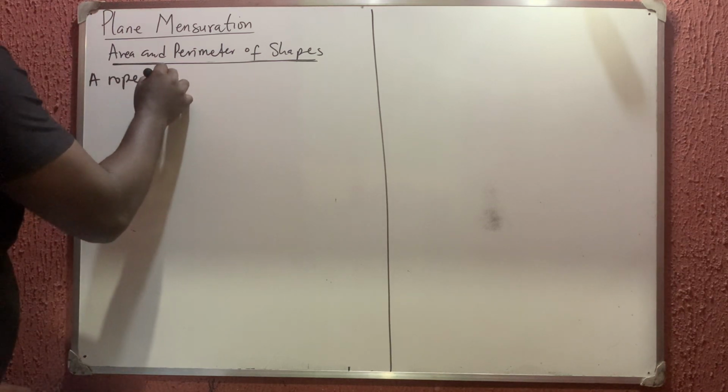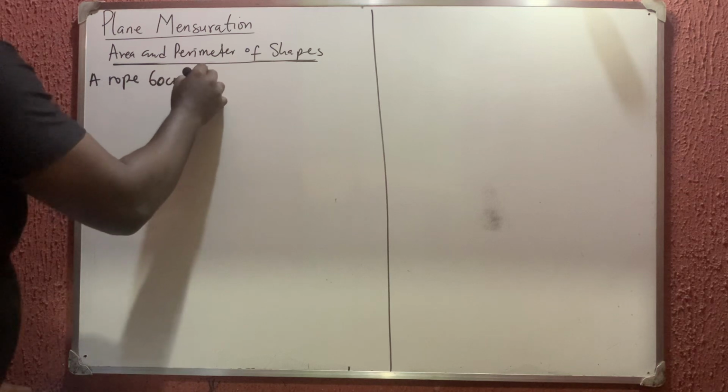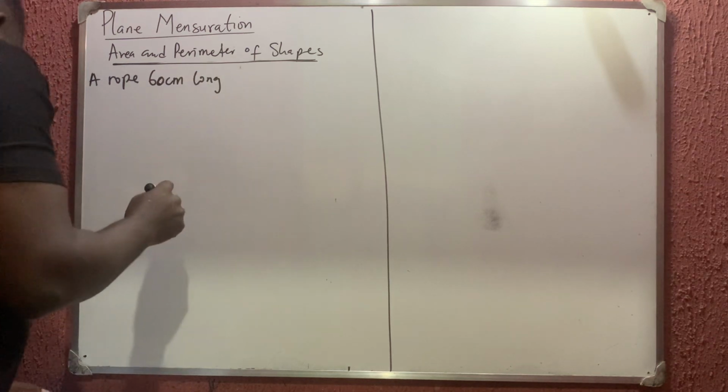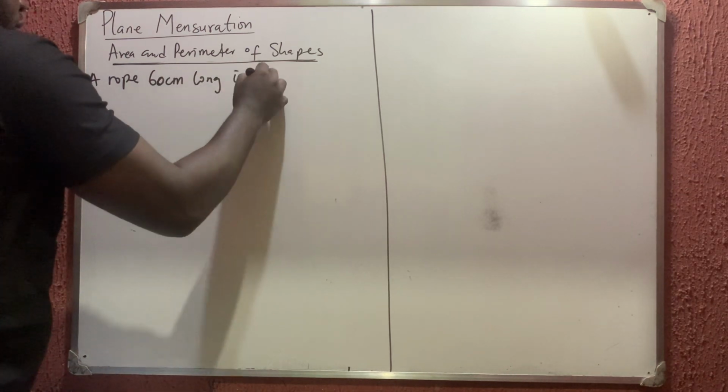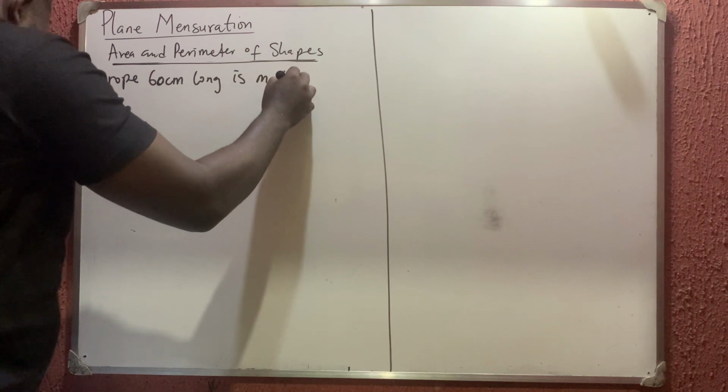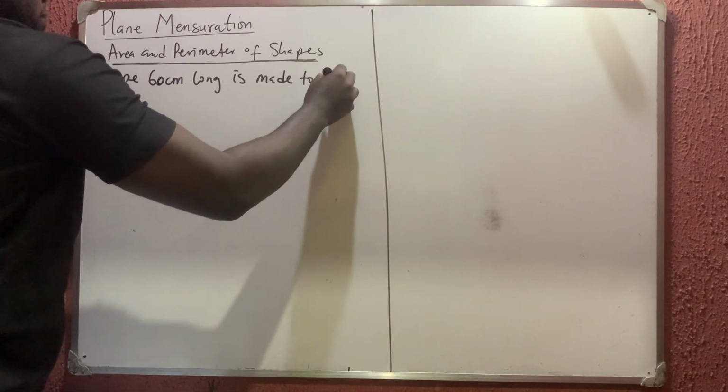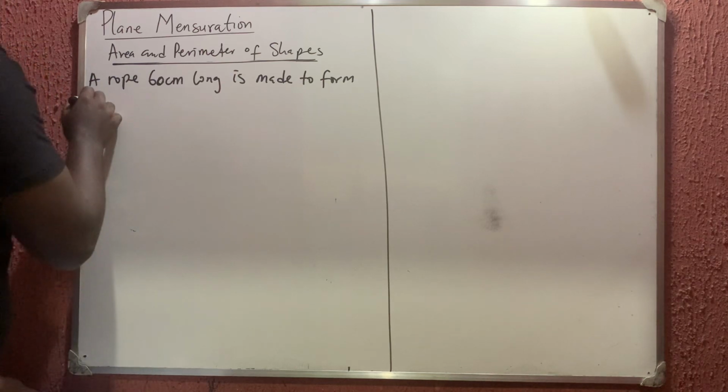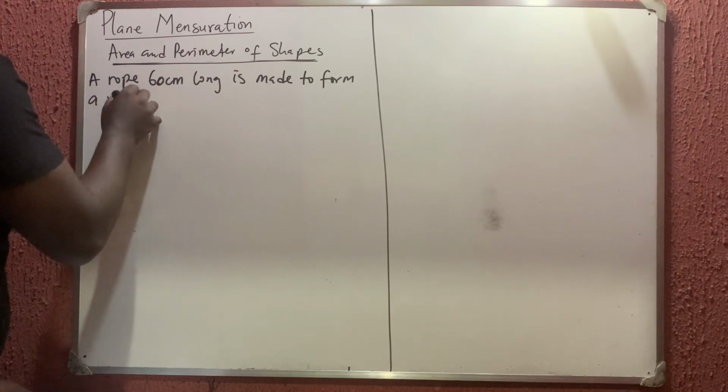A rope 60 cm long is made to form a rectangle.